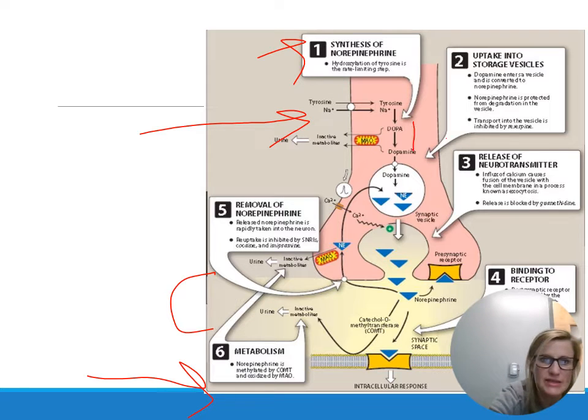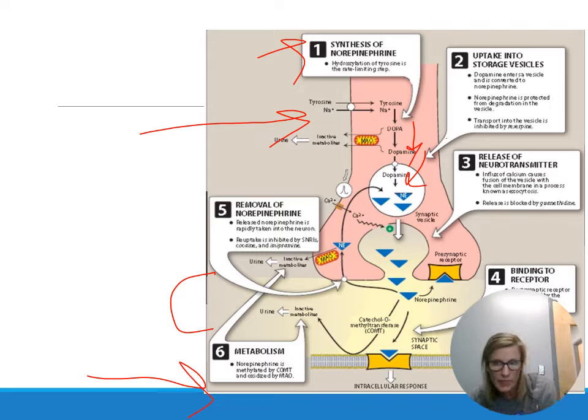DOPA, this second step, is then converted into dopamine. So in the synthesis of norepinephrine, we first make dopamine, which is another neurotransmitter. So dopamine then gets transported into a vesicle, and inside that vesicle, it gets converted into norepinephrine. There's an enzyme called dopamine beta hydroxylase. But the dopamine gets converted into norepinephrine inside of that vesicle.